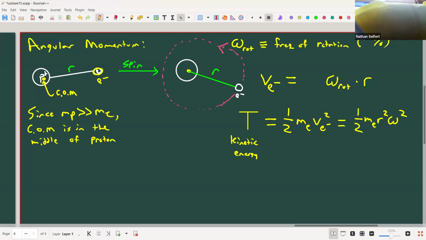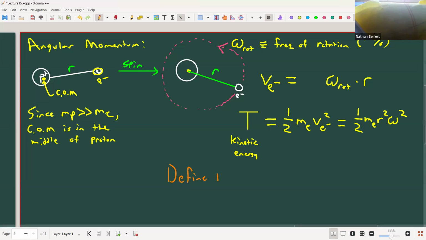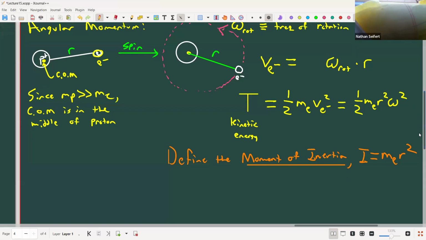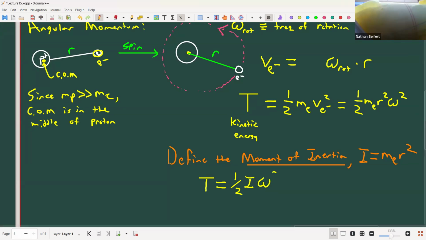And we're going to define a new parameter now, what's called the moment of inertia, I, which is m_e r squared. This says, therefore, that the kinetic energy is 1/2 I omega squared.